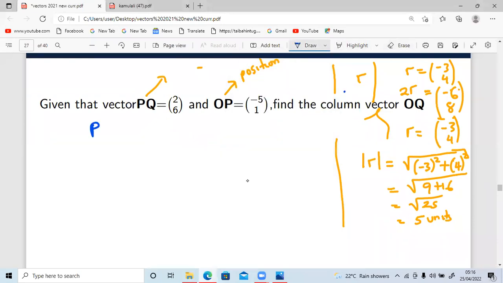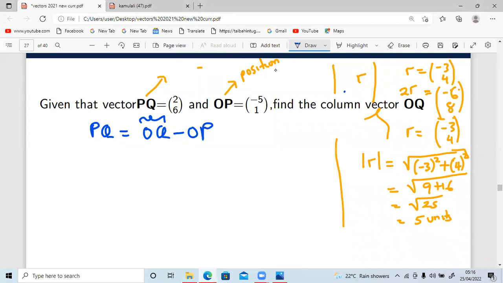So who's going to first tell us how do we define PQ? OQ minus OP. Good. So we want to get OQ, so we have to make OQ the subject of the formula.